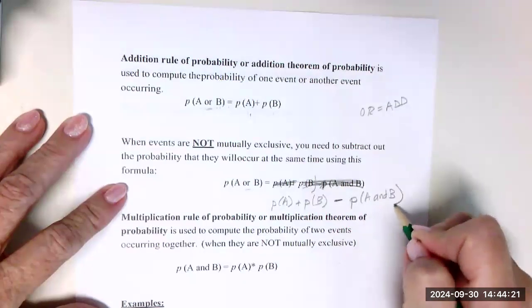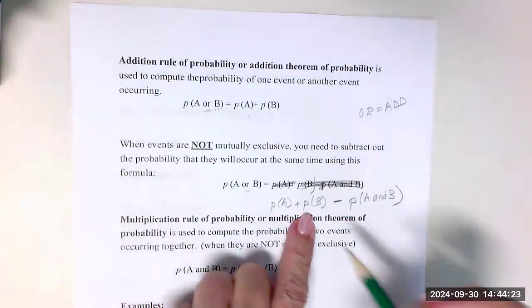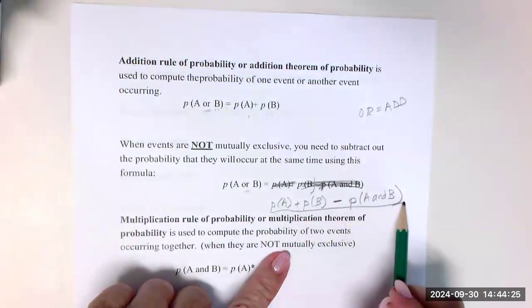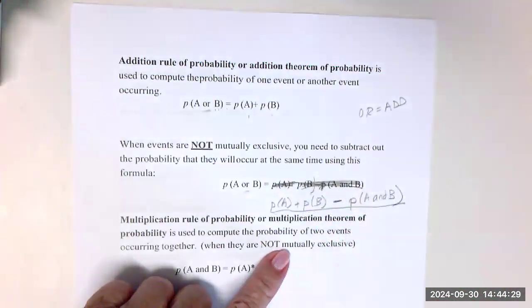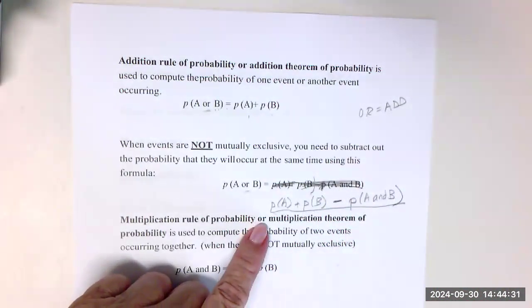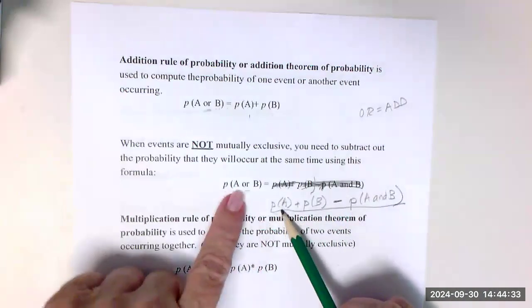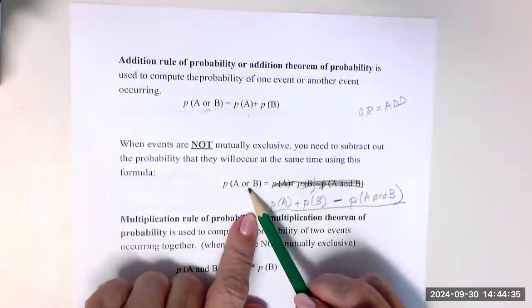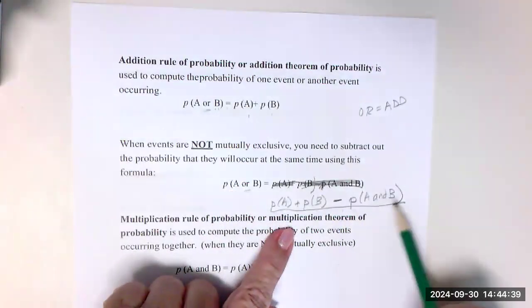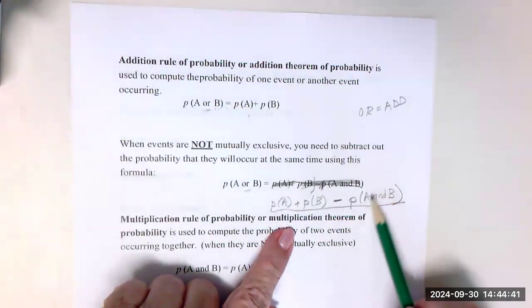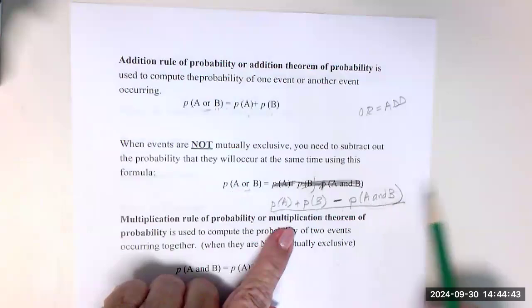So that's the second part of the addition rule right there, and I'll fix the handout, so don't worry, it looks a little crazy here, but I will fix it. So you're going to do the probability of A plus the probability of B minus the probability of them occurring at the same time, which would be A and B.